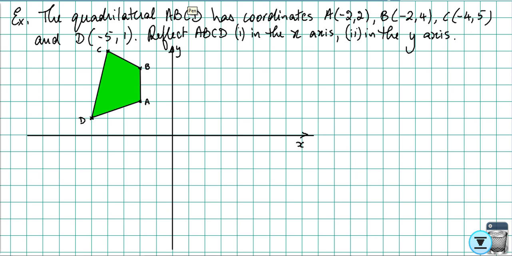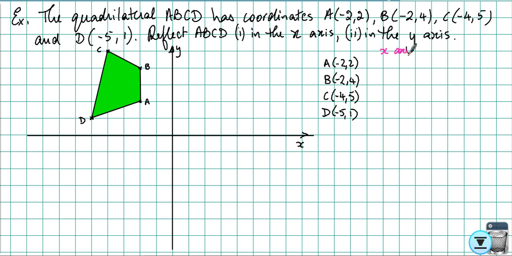We need to reflect the shape in the x-axis and in the y-axis. So let's do our work first. So we had A, which was minus 2, 2, B, which was minus 2, 4, C, which was minus 4, 5, and D, which was minus 5, 1. So the first reflection is going to be reflection in the x-axis.